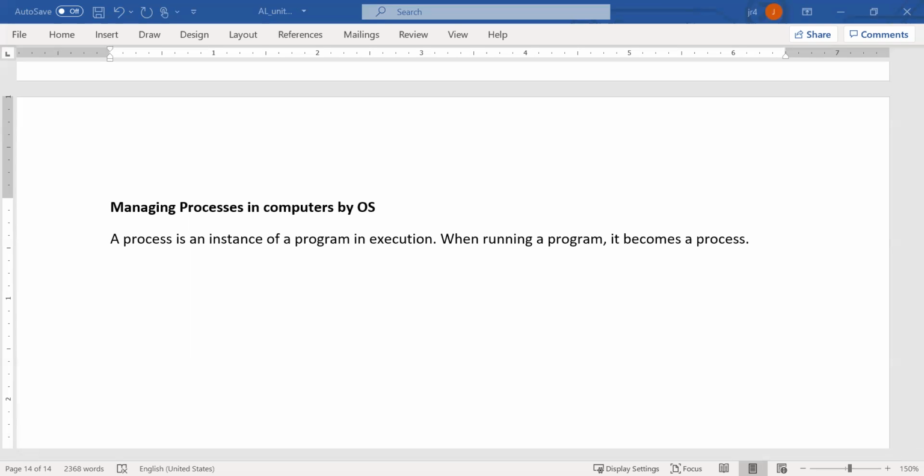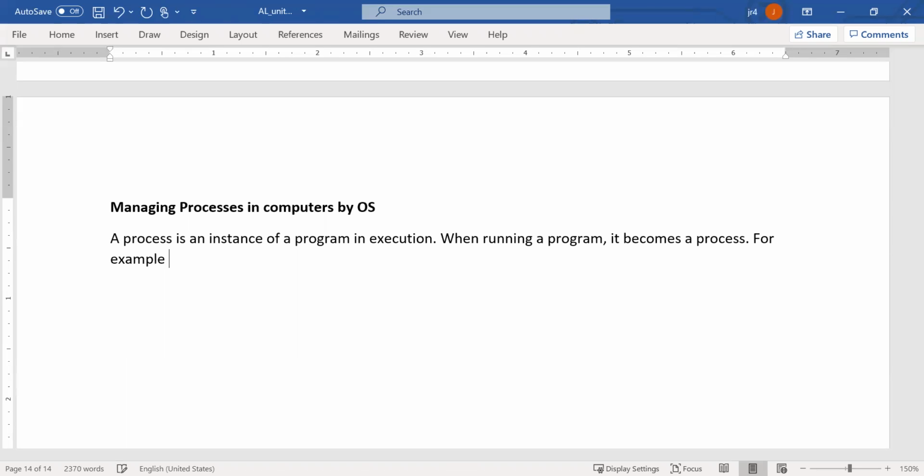When you run a program, depending on the program, it may create multiple processes. So it becomes a process or it becomes multiple processes.